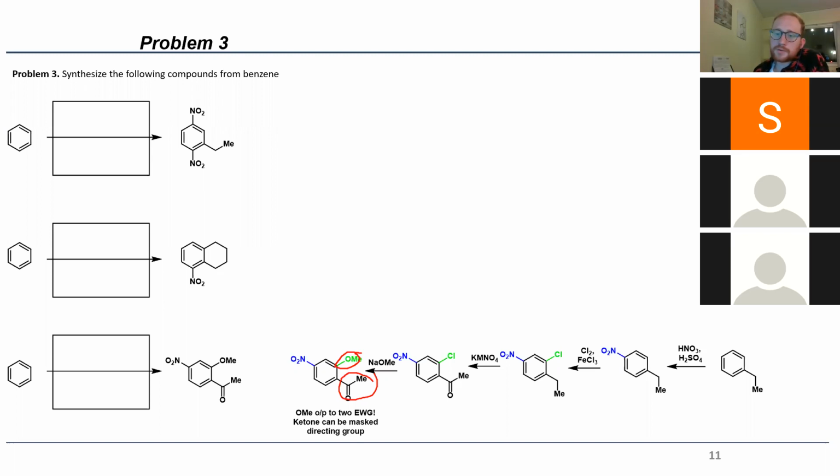Did I use a Friedel-Crafts acylation or alkylation in the first step? Both would be okay. It's a little tricky to stop the Friedel-Crafts alkylation after one alkylation. It tends to keep going, but it would be an acceptable answer. So Friedel-Crafts acylation or alkylation would be fine.